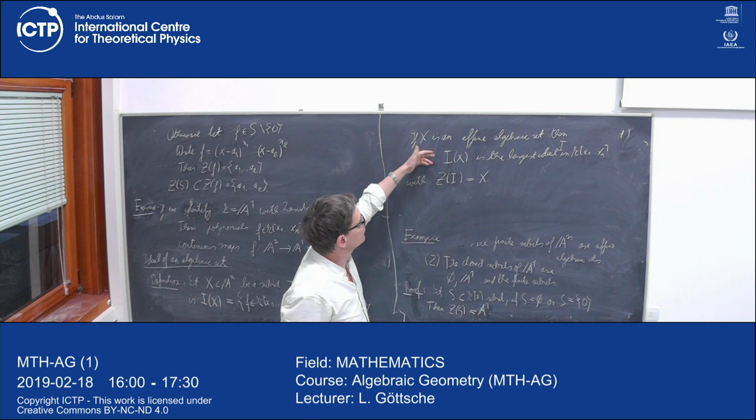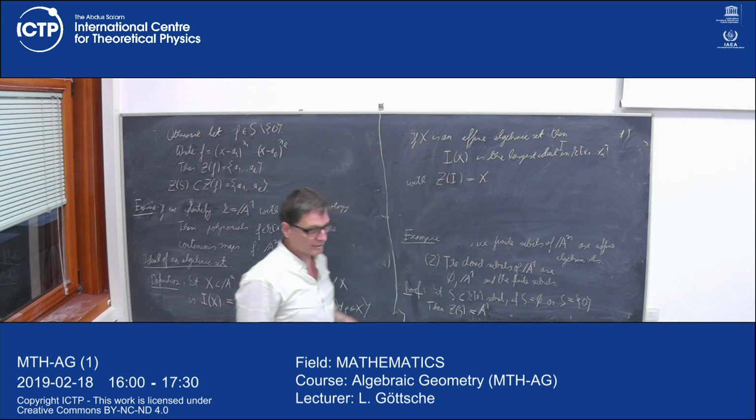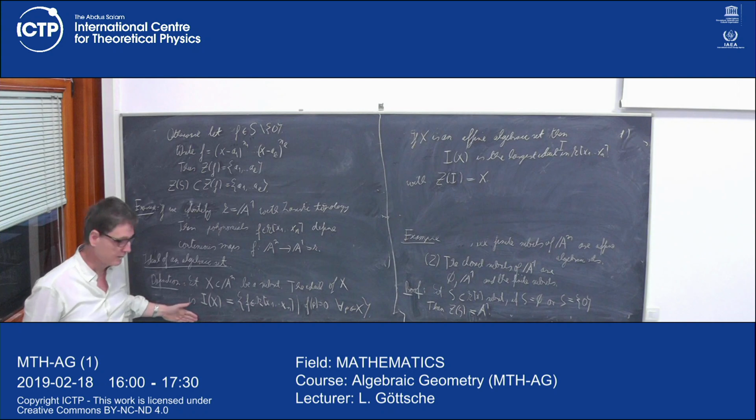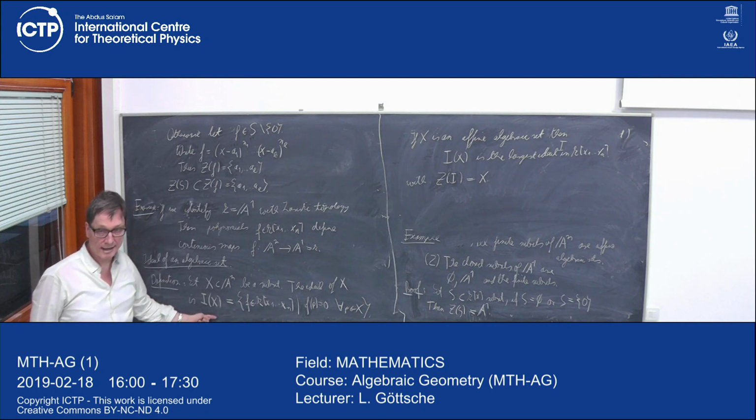But we can see we have an ideal canonically associated to an affine algebraic set, because once we have X, we know what Ix is.